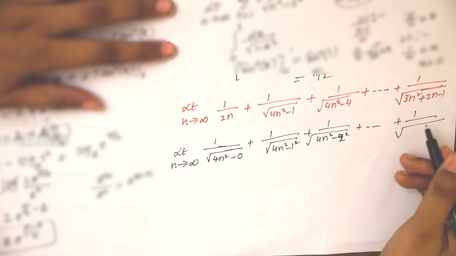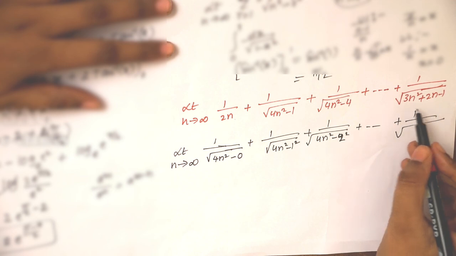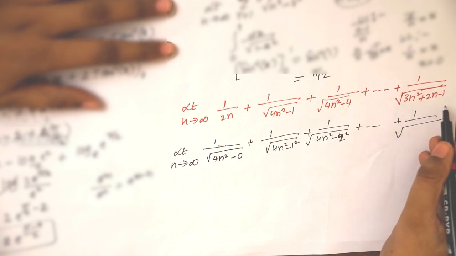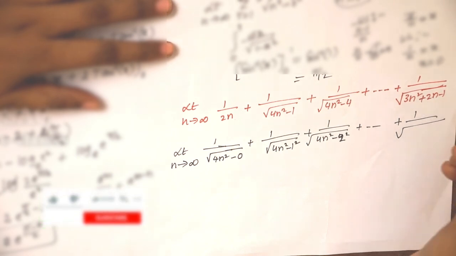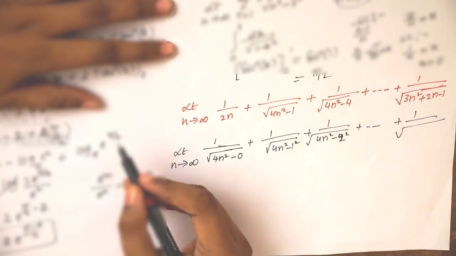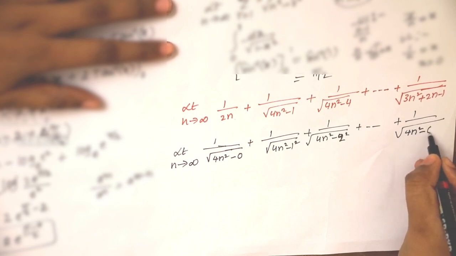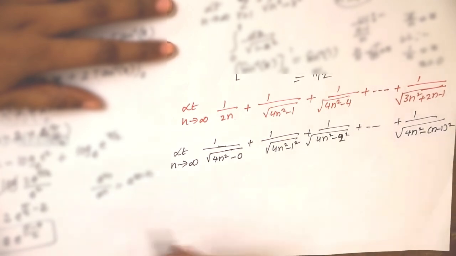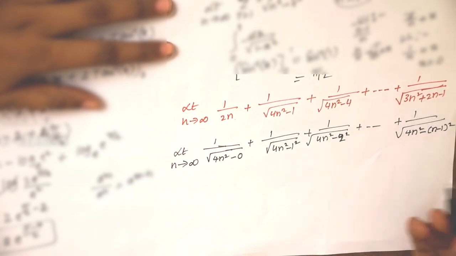But here what is there in the last term of this series? 3n square plus 2n minus 1. I told you 2n minus 1, if it is representing an odd number, definitely it is the difference between two consecutive squares. Here also the same, but here it is 4n square minus (n minus 1) whole square. Then clearly you will get the required 3n square plus 2n minus 1.